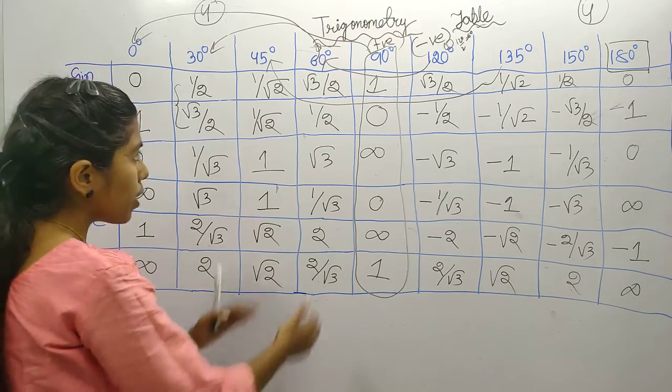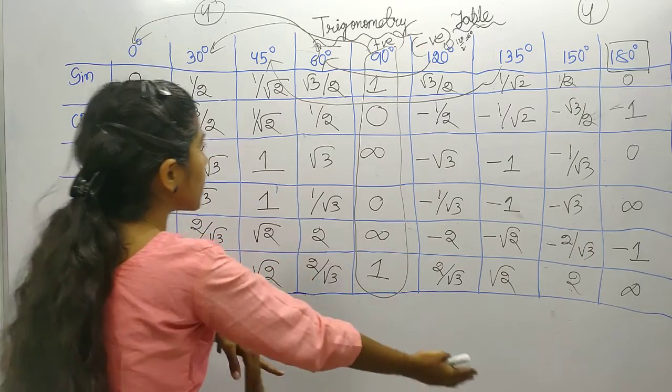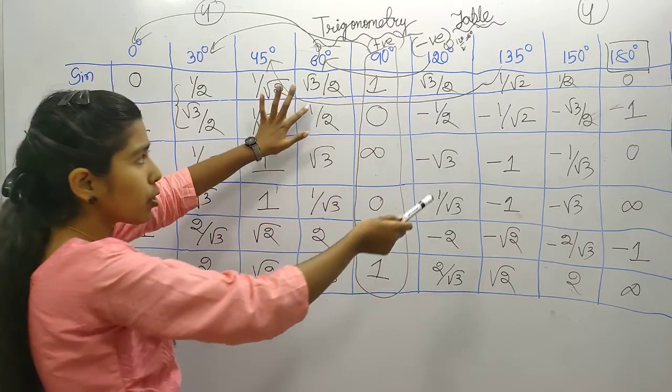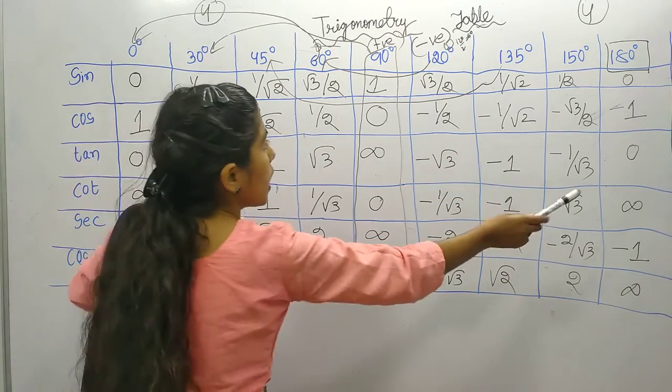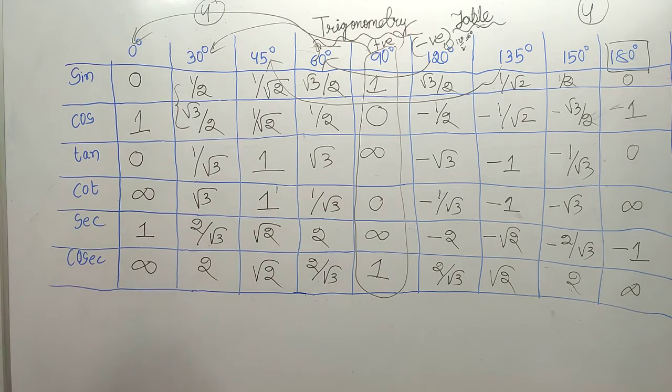Next, I have said you that 90 degree is the middle part. After that 4 degrees are there, here 4 degrees are there. So here 120 is connected to 60, then 135 is connected to 45, next 150 is connected to 30, and 180 is connected to 0 degree.